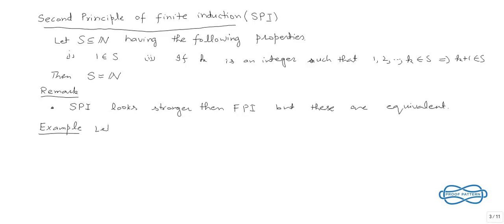Let a1 be equal to a2 be equal to 1, and we have the recurrence formula a_n is equal to a_(n-1) plus a_(n-2) for all n greater or equal to 3.